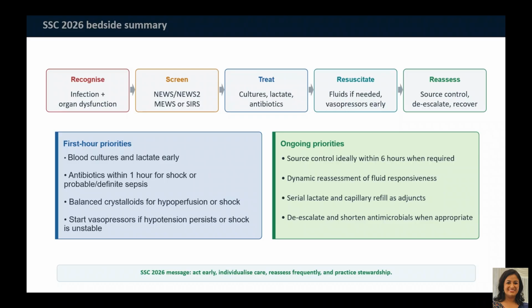And if you added another agent, vasopressin or adrenaline, to the noradrenaline, then you have to start. Yes, because there is adrenal insufficiency in sepsis, plus a down-regulation of beta receptors. So we are just improving those things with hydrocortisone.